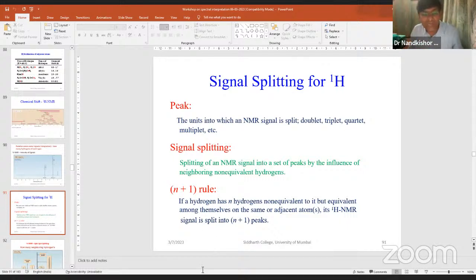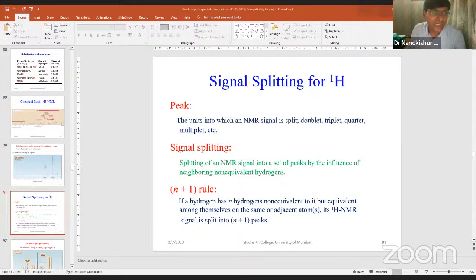That n plus 1 is derived from the spin quantum number, that is, you know, 2I plus 1. Now we know that I equal to half is the condition for the NMR spectrum. Those nuclei which have a half integral spin are the only ones studied in NMR spectrum.